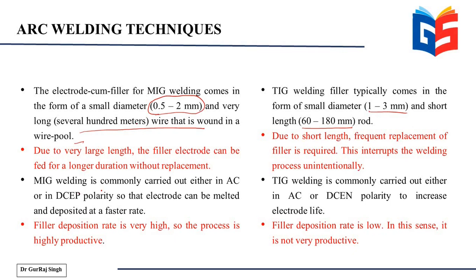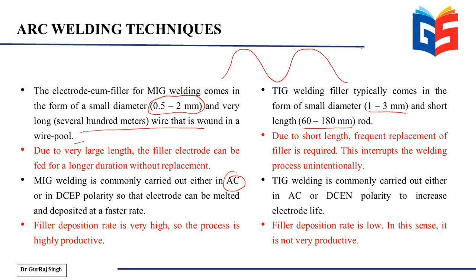MIG welding is commonly carried out either in AC or in DCEP polarity, so that we've already discussed. So you can also use AC polarity. Now in case of AC polarity, what will happen? After every specific time period, which is very short, a few milliseconds, your polarity will change. It will switch between DCEP and DCEN, because that's what happens in case of AC.